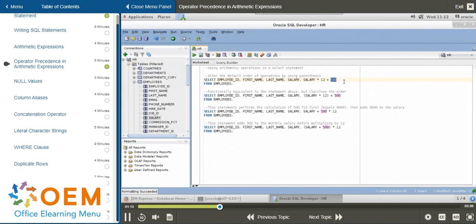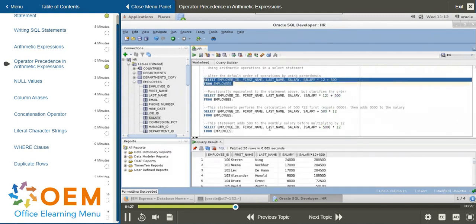In other words, what I'm looking to see is an annual salary, then essentially a bonus of 500 on top of that. Okay, so let's go ahead and execute without any parentheses, and we can see that the total here comes out to 288,500. Okay, just for that first record.